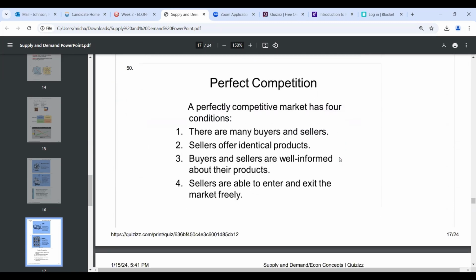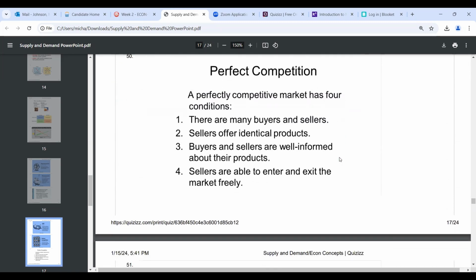So a perfectly competitive market has four conditions. There are many buyers and sellers. Sellers offer identical products. Buyers and sellers are well informed about the products. Sellers are able to enter and exit the market freely. So in perfect competition, there's no profits at all. It's extremely competitive. Products aren't different at all. It's a very difficult industry to be in.